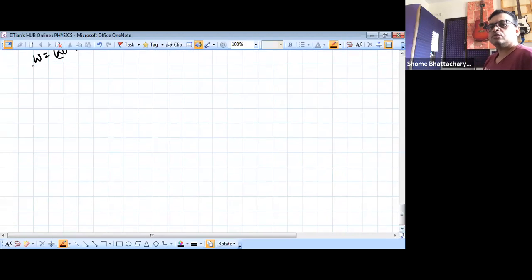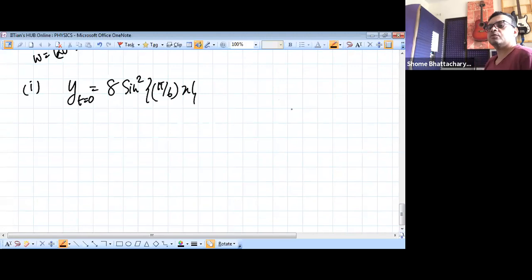Okay. So now the first part, let us look at y at t equal to 0 as a function of x. What is that becoming? That is becoming 8 sine square (pi by 6 x). So it's a sine square type of graph. So we know that y is equal to sine square theta. This thing as a graph varies between 0 and 1.